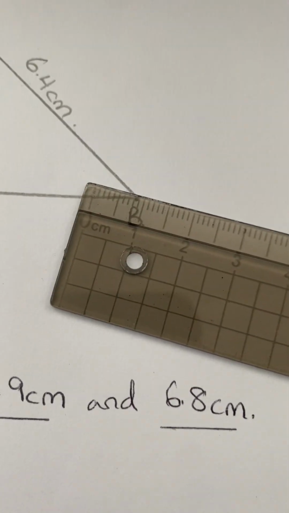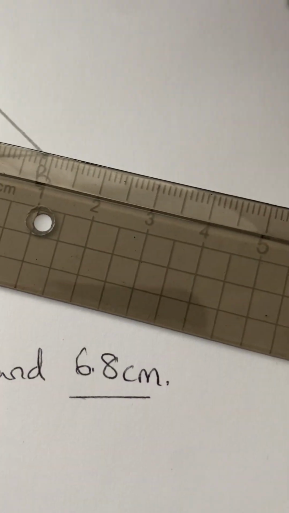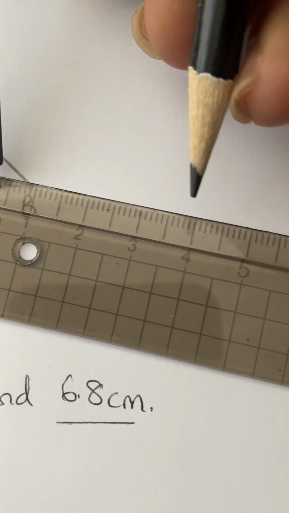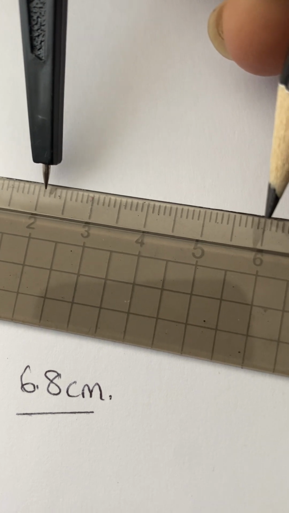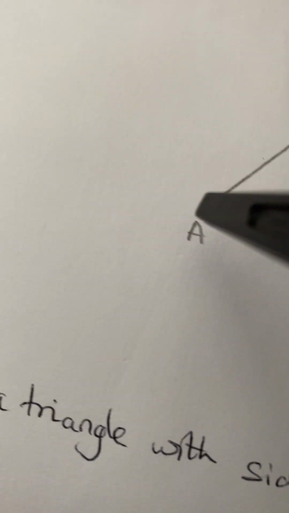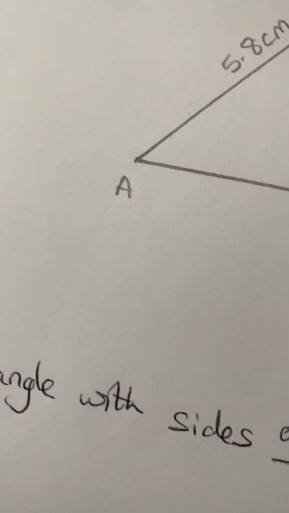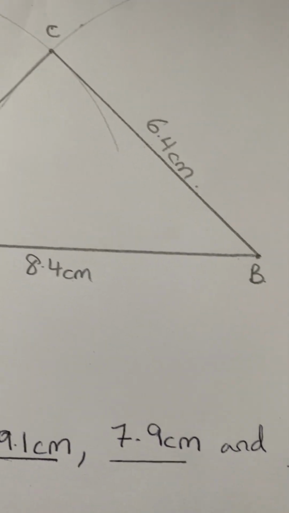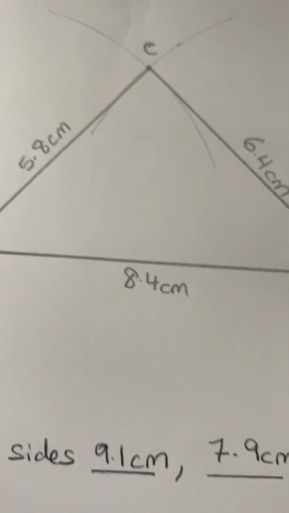So 5.8 from 0, from here to somewhere there, and then I'll open my compass to do that. And then with my reference point A, I'll draw the arc and then measure 6.4 centimeters. With my reference point B, I'll draw a second arc.